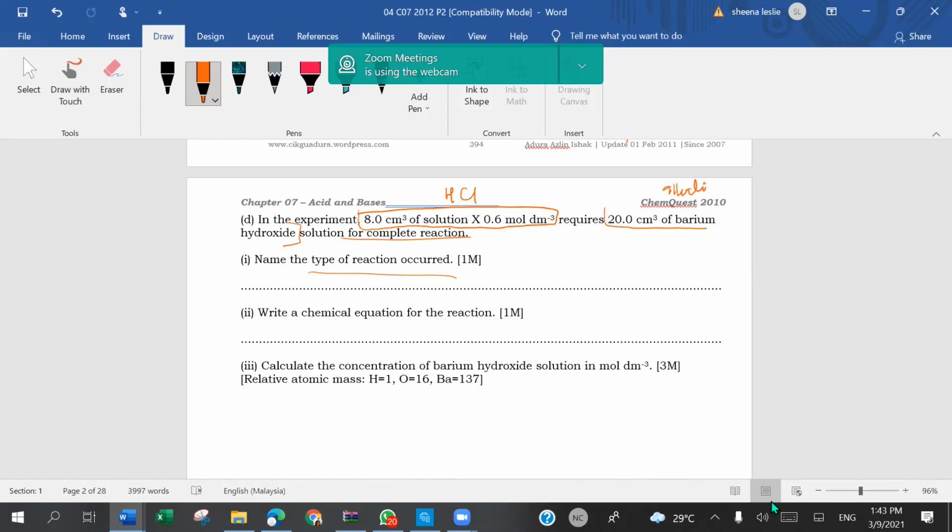Okay, never mind. Slowly think about it. What is the name of this reaction, Mo? Neutralization. Correct. Whenever an acid reacts with an alkaline, it is neutralization. Never mind. We see the questions, next time we know how to answer.